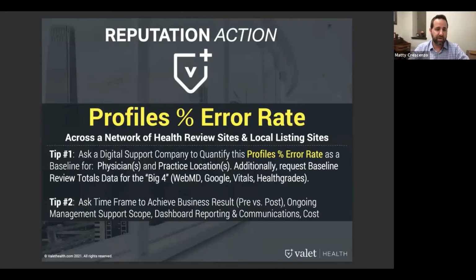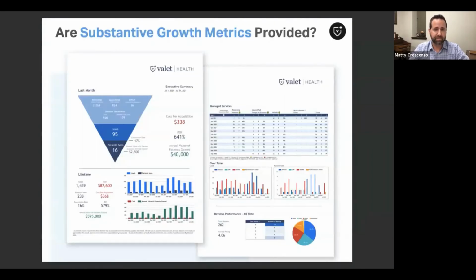So as far as a couple of tips and takeaways, as I had referenced, really see if you can get to the profiles percentage error rate for physicians and practice locations across those big four sites, WebMD, Google, Vitals, and HealthGrades.